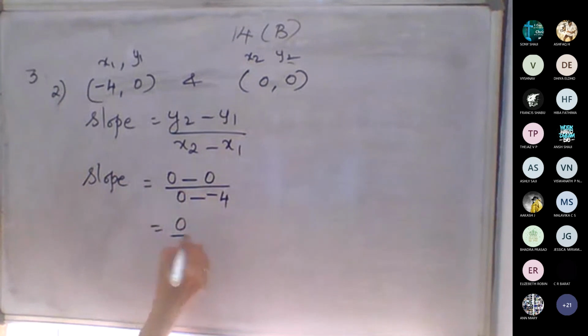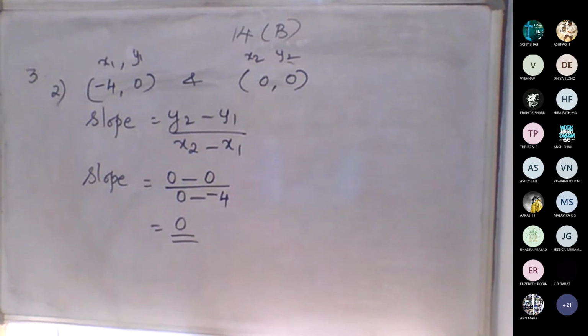So 0 minus 0, 0. Answer 0. No need of further calculation at all. Answer we can directly write 0 minus 0. Slope is equal to 0.